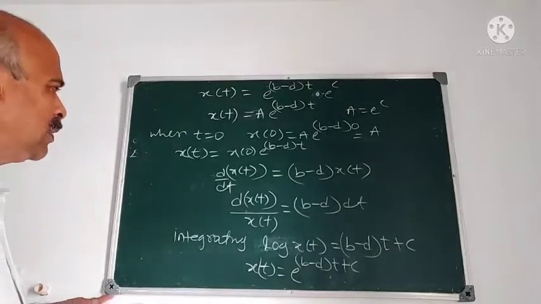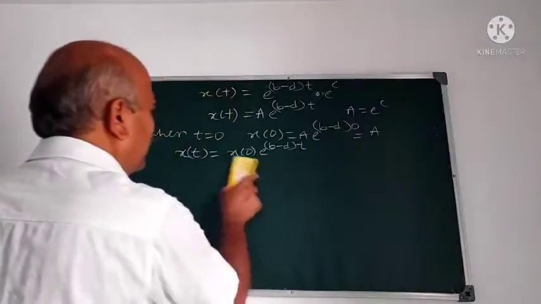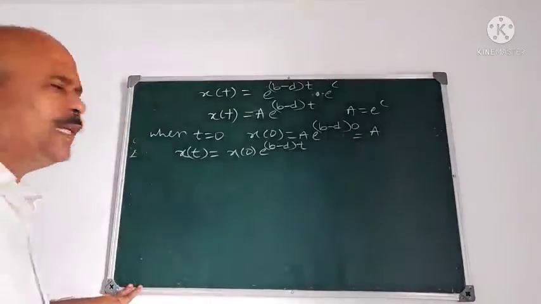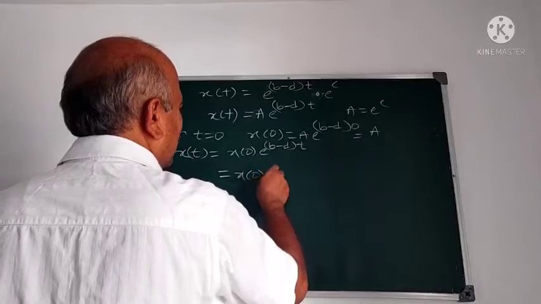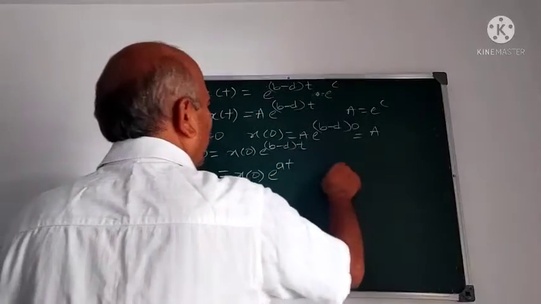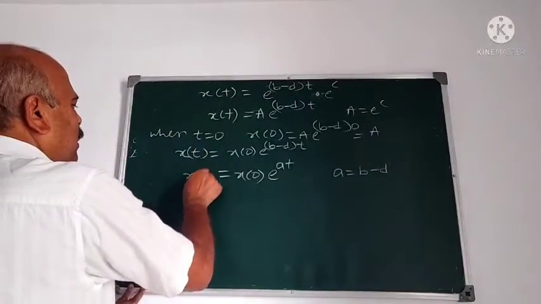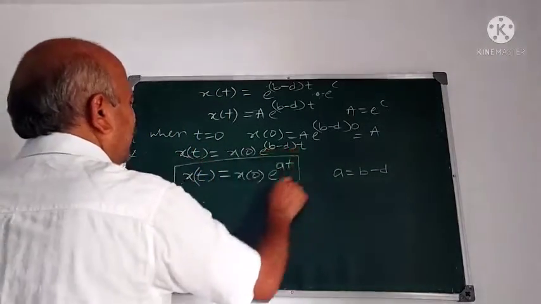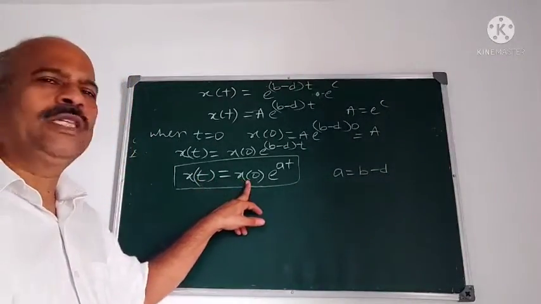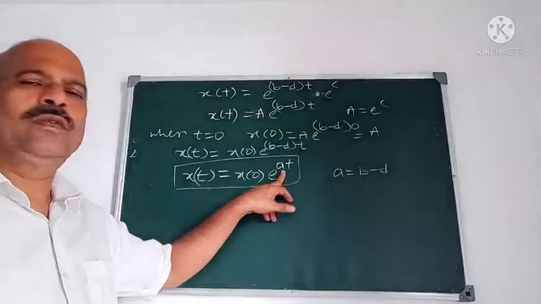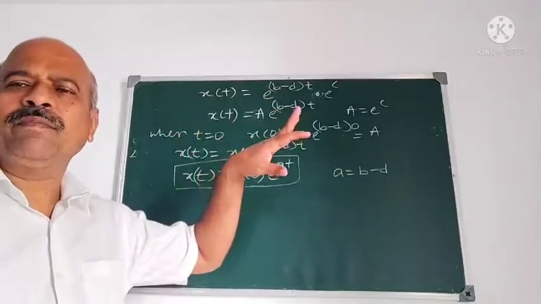What are b and d here? b is birth rate, d is death rate. So we take this as x0 e raised to at, where a is equal to b minus d, birth rate minus death rate. So population at any time t is given by initial population into e raised to at. x(t) denotes population at any time.